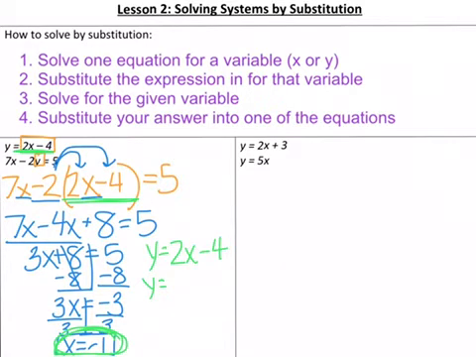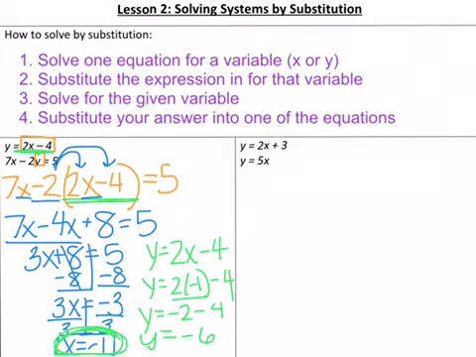So instead of 2 times x, I have 2 times negative 1 minus 4. I just plugged in x into the equation. So let's solve. 2 times negative 1 is a negative 2, so y equals negative 2 minus 4. So we have negative 2 minus 4, or negative 2 with a negative 4, and the answer is negative 6.